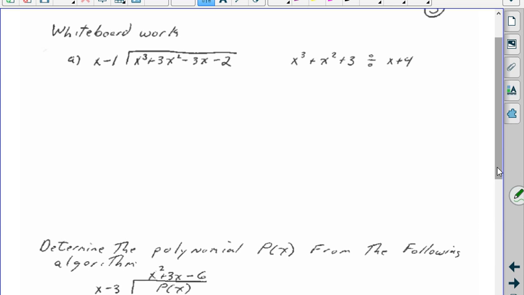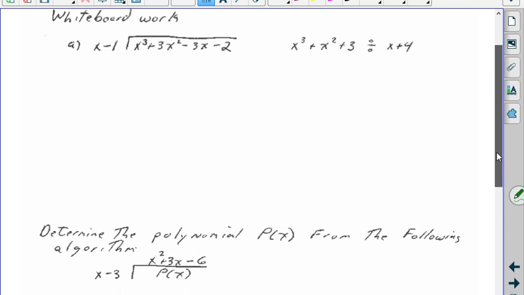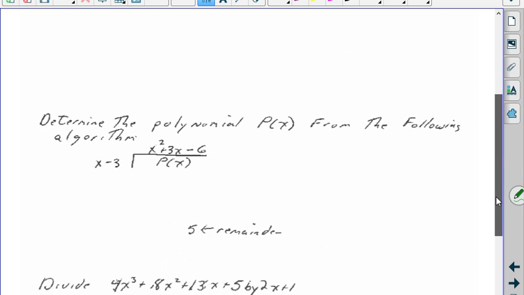Okay, so a couple questions with the polynomial here. What is the polynomial? Well, I don't know what the polynomial is, but I divided the polynomial by x minus 3, so my divisor. When I divided that by x minus 3, I got a quotient of x squared plus 3x minus 6, plus I have 5 left over.